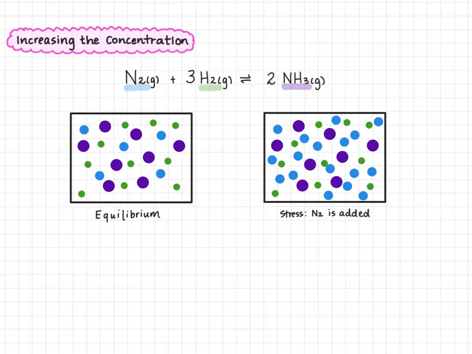And so if we think about equilibrium where our forward reaction and our reverse reaction happen at the same rate, when we add our reactant in, all of a sudden we've greatly increased the rate of our forward reaction, but we haven't significantly changed the rate of our reverse reaction. And what that means is that we're going to produce more ammonia than we can use up.